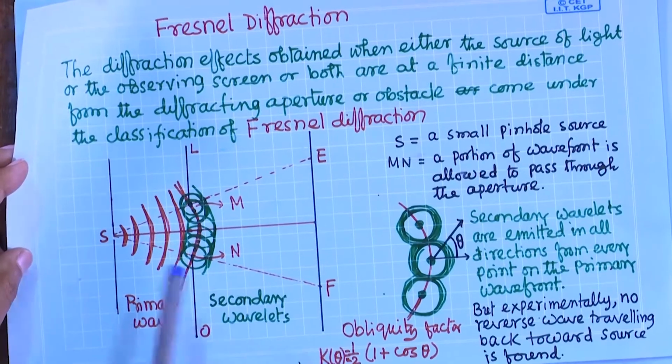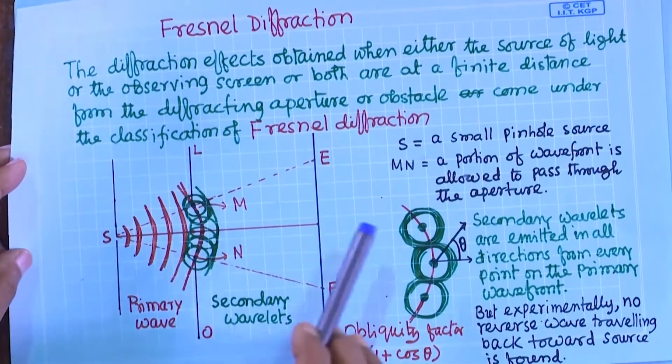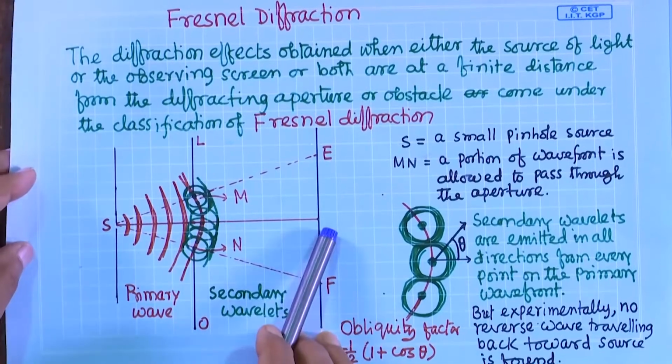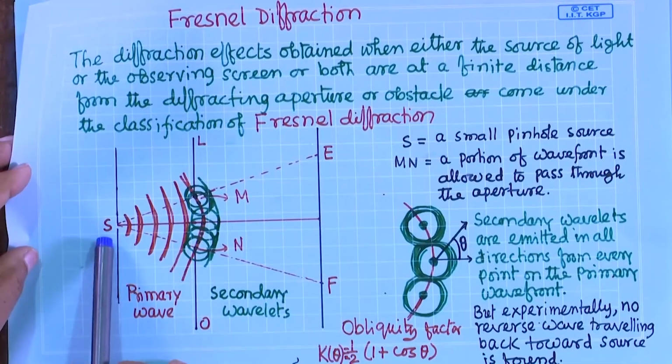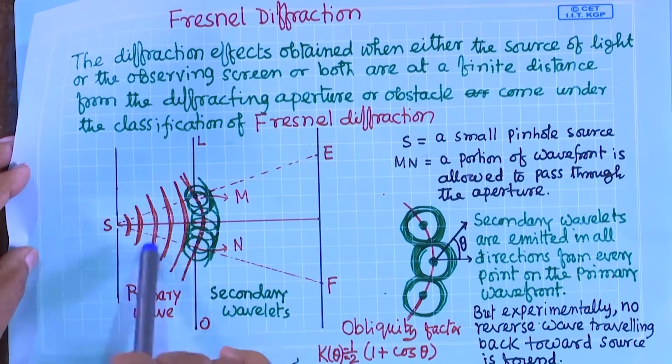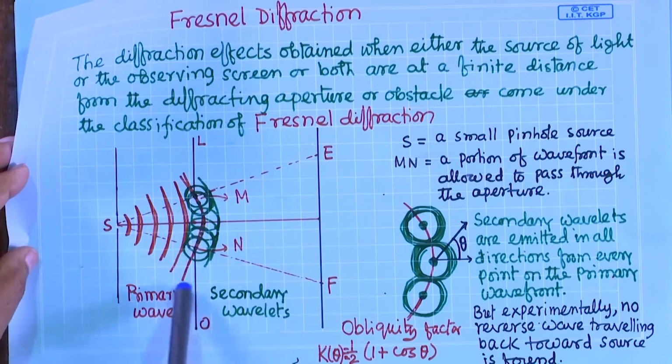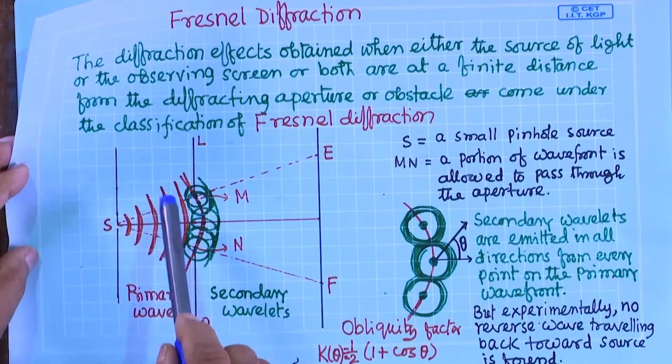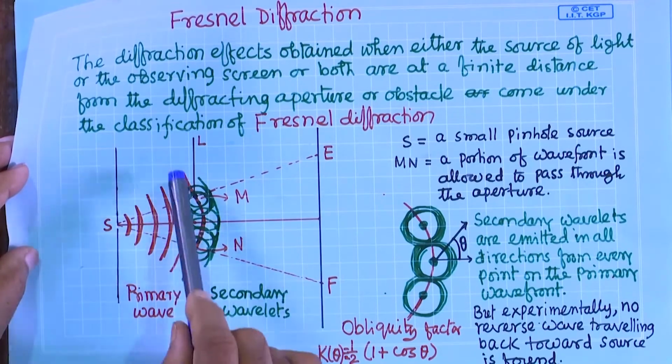So, if we have a source, it is a primary source. From this source you are getting spherical wavelets or wave fronts.